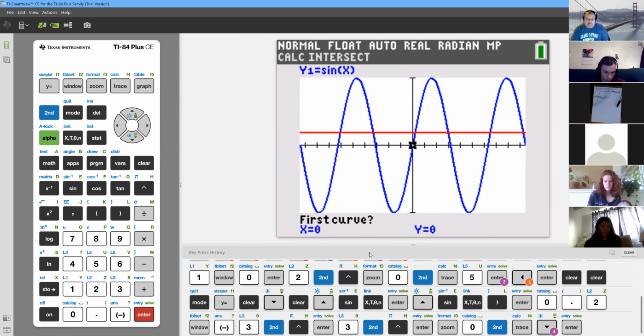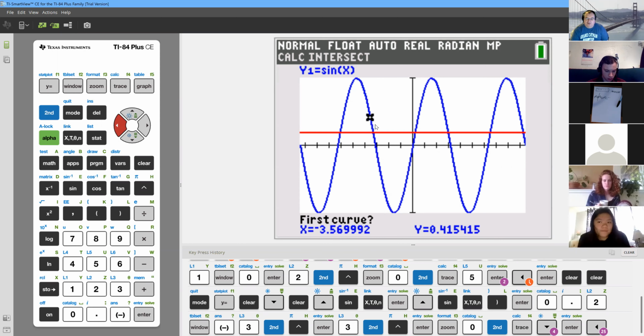Now, it asks for the first curve. I'm going to move my cursor close to this one, because that's the one I'm going to get. Eventually, I'm going to have to get all of them, but let's say that's the one I want right now, this one here. Right, it says first curve.